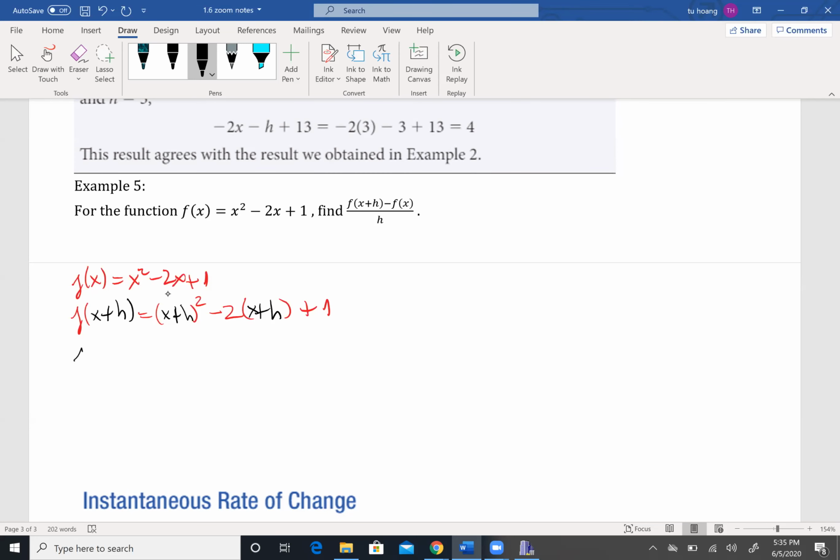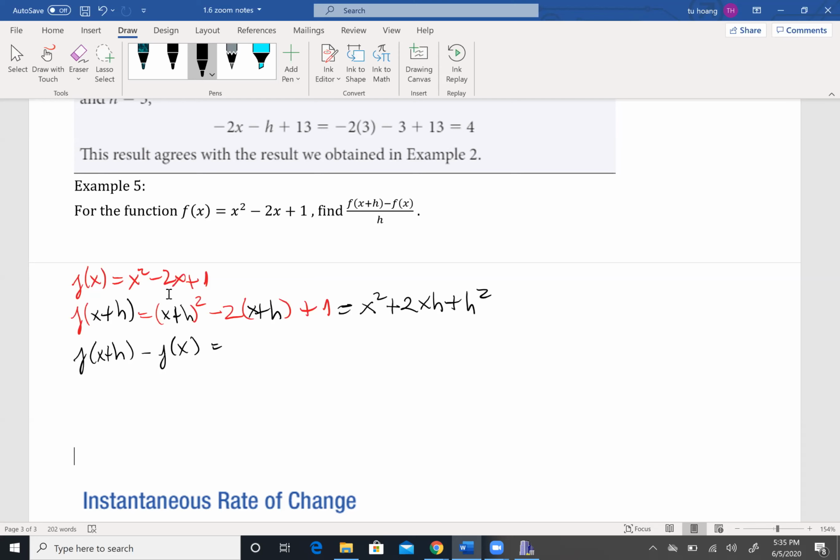Now I'm going to find the top, f(x + h) minus f(x). Oh wait, I haven't simplified f(x + h). So let's do it. (x + h) squared will be x squared plus 2xh plus h squared. This is a special square, the completing-the-square form that you may have learned in algebra.